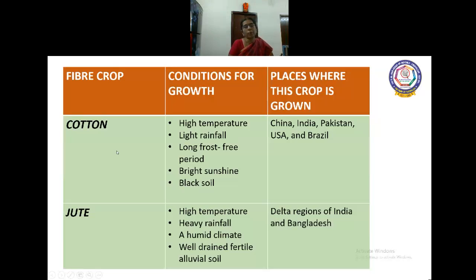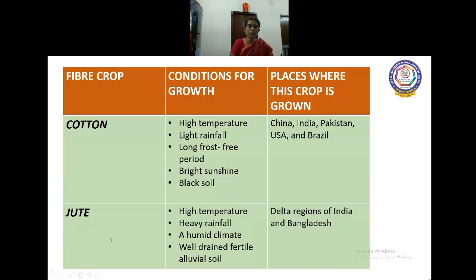The largest producer of cotton in India is Maharashtra. And places where this crop is grown are China, India, Pakistan, USA and Brazil. The quality of cotton depends upon its length of fiber, luster and clearness, color, etc.